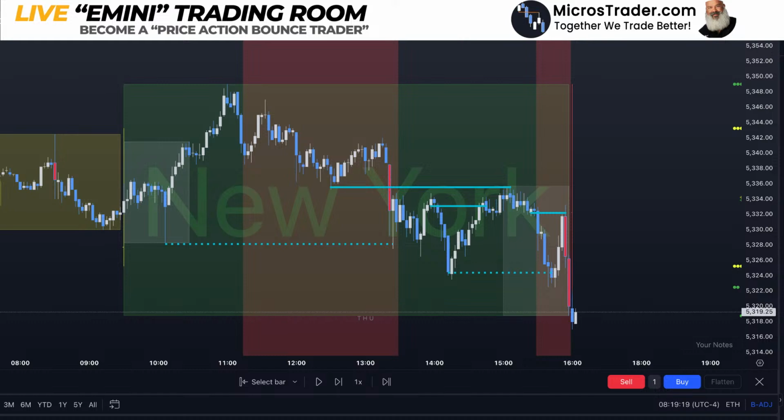New York lunch. We are going to call this the IB low. How much heat? 2 ticks. It looks like it's fine. Certainly in the touch and go realm. Did it go 5 points? Sure did. So we're going to call this counter. 1, 2, 3.